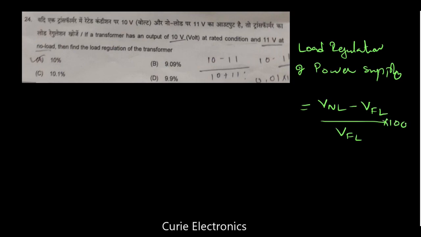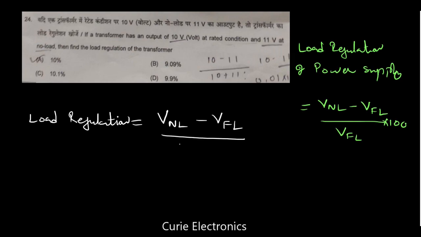This is not the equation needed. Here load regulation equals, the numerator is the same, that is V no load minus V full load, upon here V no load, into 100. This is for the transformer.